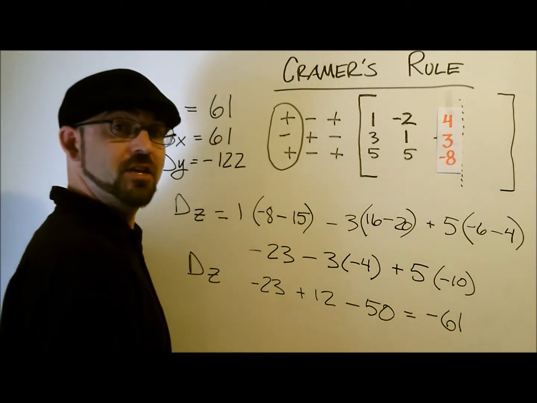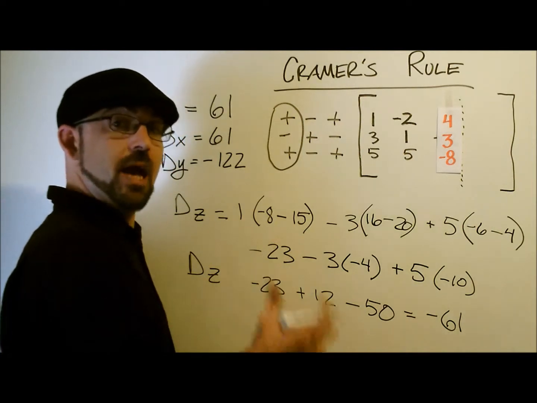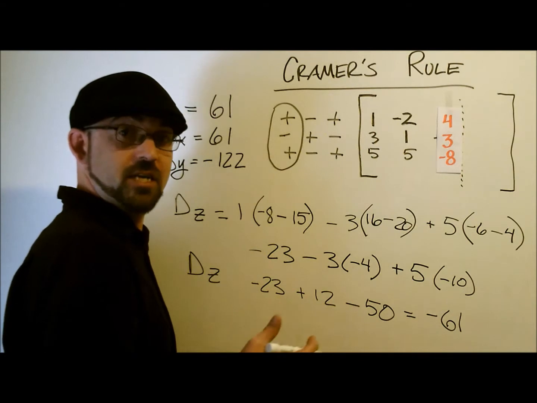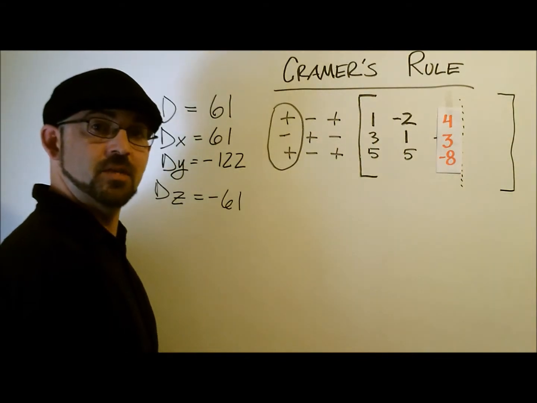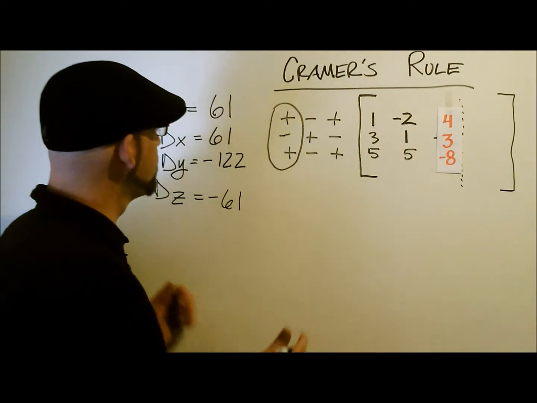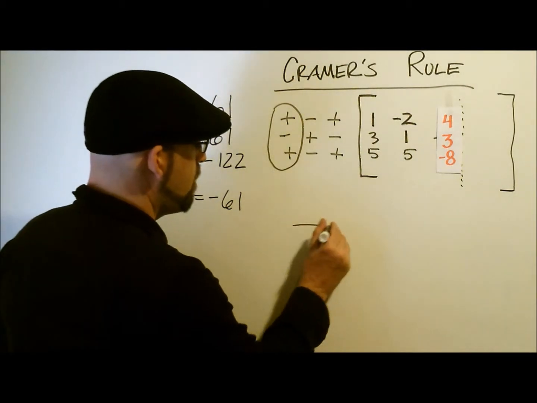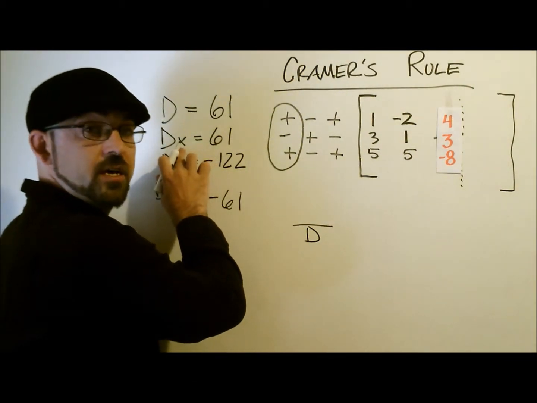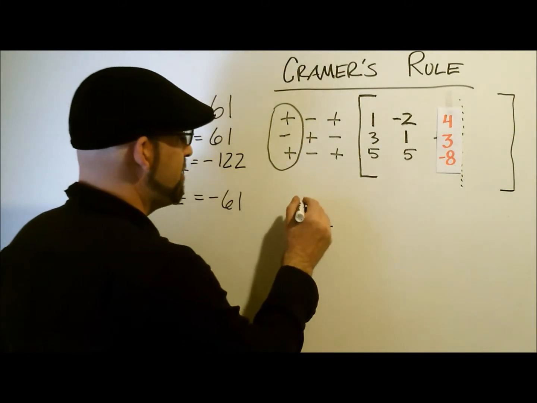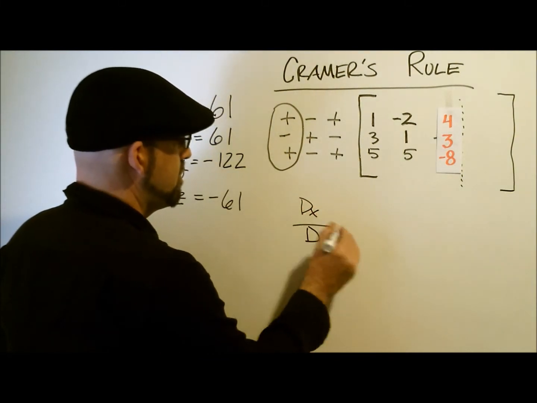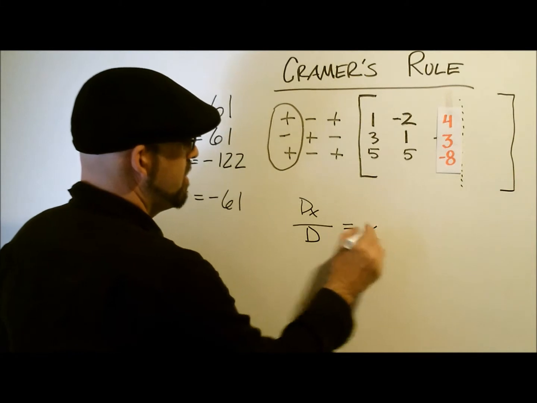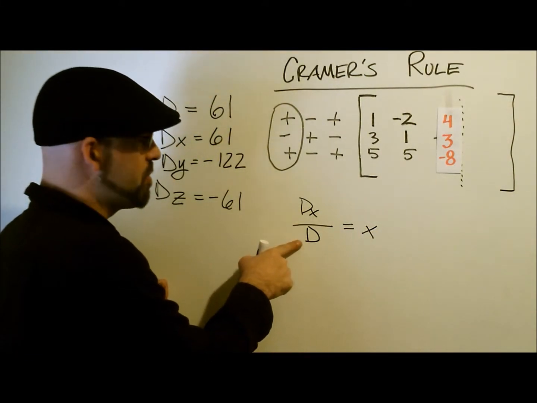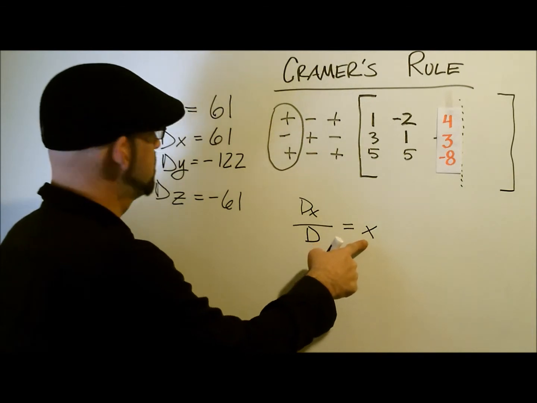Let's put all of these things together and we'll find out our solution for our x, our y, and our z. To find our solution for our variables, we put the determinant of the variable we're trying to find over our overall determinant. The determinant of x over the overall determinant will equal our solution.